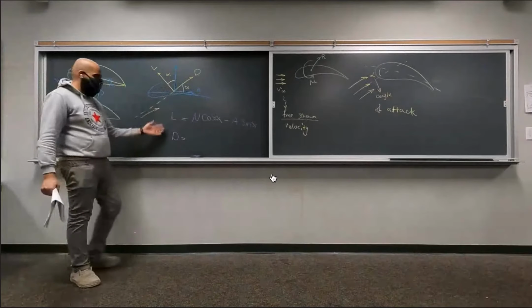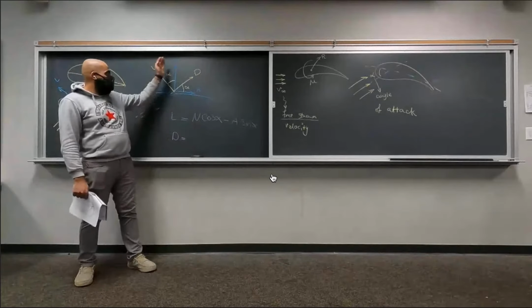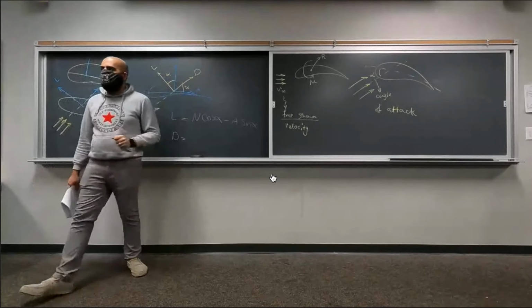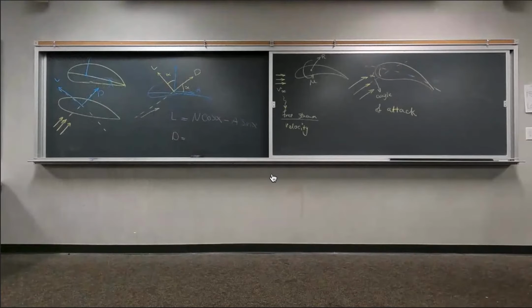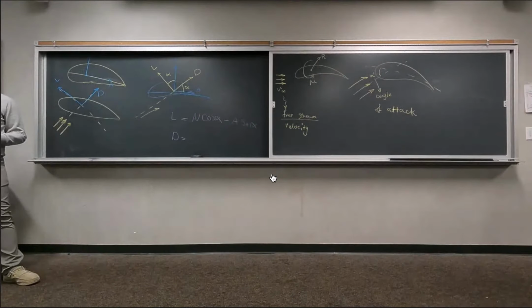So, based on this logic, what would be the relationship between drag and normal and axial force? I need everyone's contribution to this, but I want to make sure we are all clear on the calculus of it.